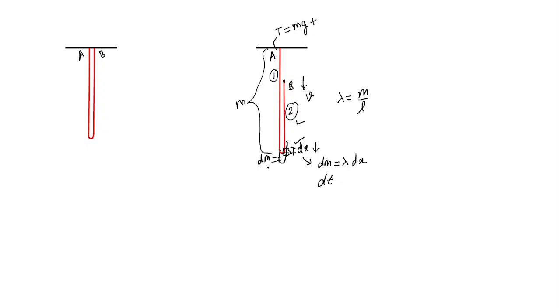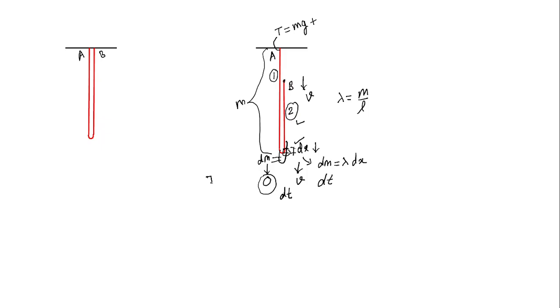And what will be its velocity when it has come here? Its velocity will be 0, because this branch is fully fastened with the ceiling. So you see what is happening. When it is here, its velocity is v, and within a short span of time dt, its velocity has become 0. That means there is some change in momentum.